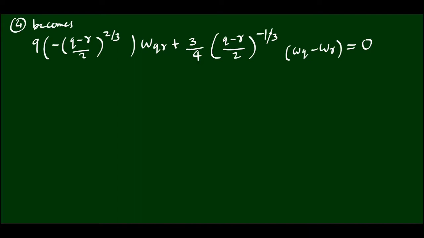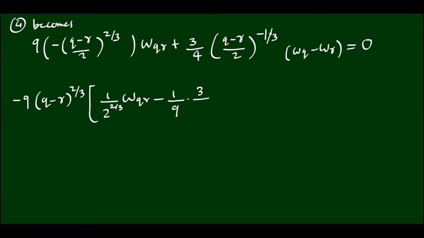So we will get minus 9 (q minus r) all raised to 2 by 3 into, the first term will become 1 by 2 raised to 2 by 3 wqr. I am taking minus 9 outside, so minus 1 by 9 into 3 by 4, I am writing 4 as 2 square, into (q minus r) all raised to minus 1 by 3 divided by (q minus r) all raised to 2 by 3, because I am taking (q minus r) all raised to 2 by 3 common.